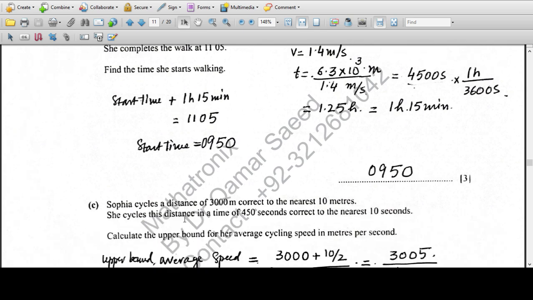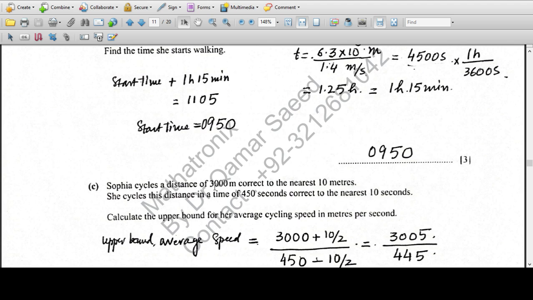Sophia cycles a distance of 3000 meters, correct to the nearest 10 meters. The cycle takes a time of 450 seconds, correct to the nearest 10 seconds. Calculate the upper bound of her average cycling speed. The distance she covered is 3000 plus 10 divided by 2 for the upper bound, and we divide by the lower bound of time to get the upper bound of the average speed.